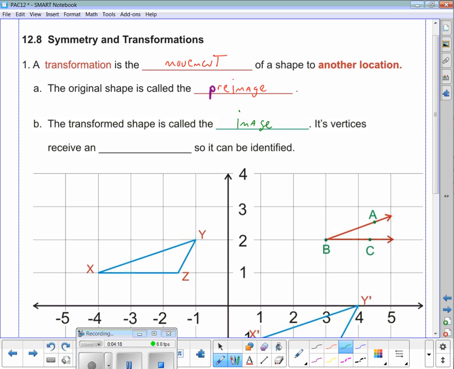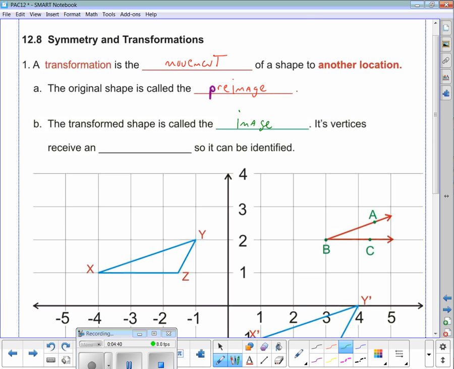Well, the likeness of you would be on the screen, but you're not actually on the screen. You're sitting in your seats. So what would be on the screen? The image of you, right? You're the original, and the copy is the image. You would be the pre-image, right? That's just the way it is. Don't get those mixed up. Pre-image and then image, not a big deal.